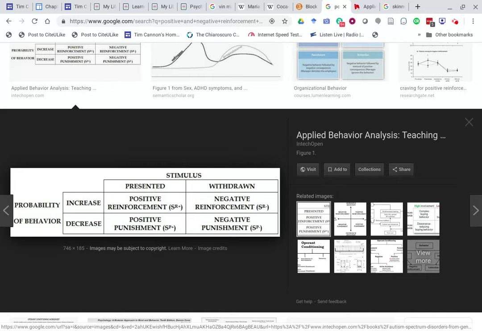If we stay in the positive column, contingent upon behavior a stimulus is added to the environment, but the animal decreases its behavior because of that experience, it's still positive, which probably makes you think positive isn't always good. Now it's positive punishment. So the simple rule here is if the probability behavior increases, it's reinforcement, 2 cells. If the probability behavior decreases, it's punishment, 2 cells.